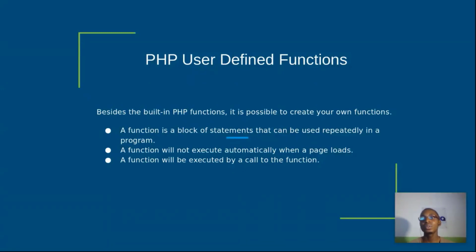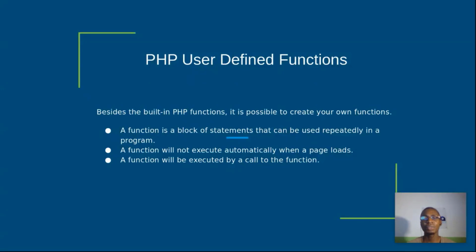Truth be told, that will be useless if you have functions that are not used, right? Once you define a function, it's always nice to call them. And functions will be executed by a call. Like we said, you always need to call them in order for them to be executed.